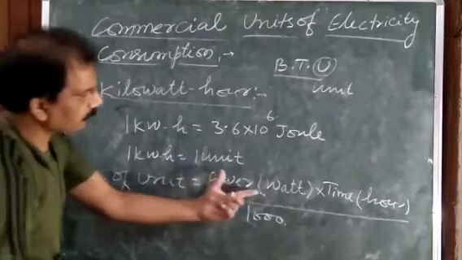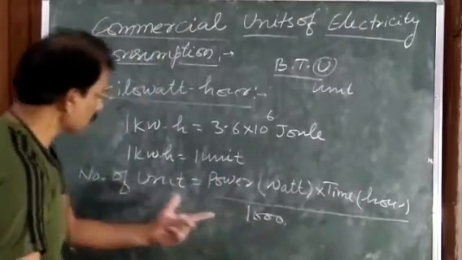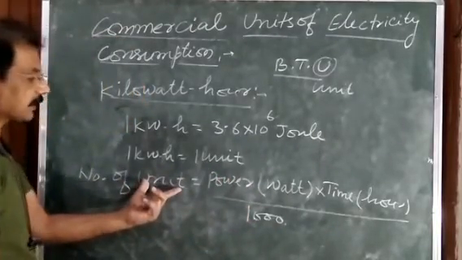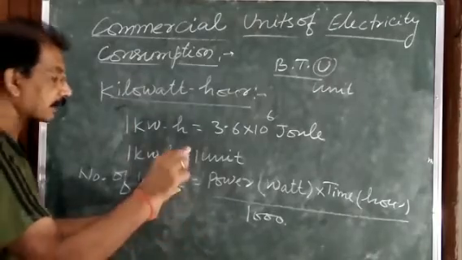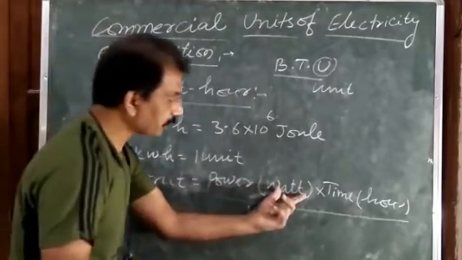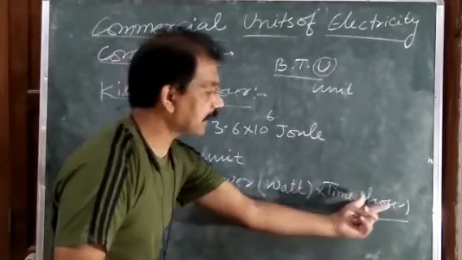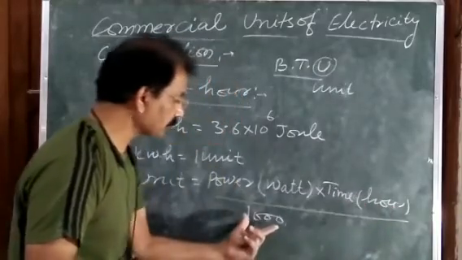By using this formula, directly we can find out how many units of electrical energy are consumed by any electrical appliance whose power is given, and for what time that electrical appliance is used, upon 1000.